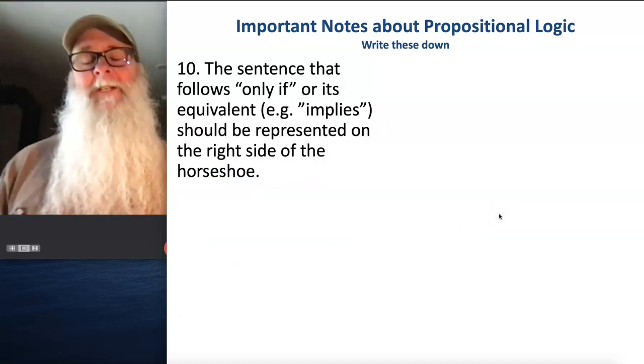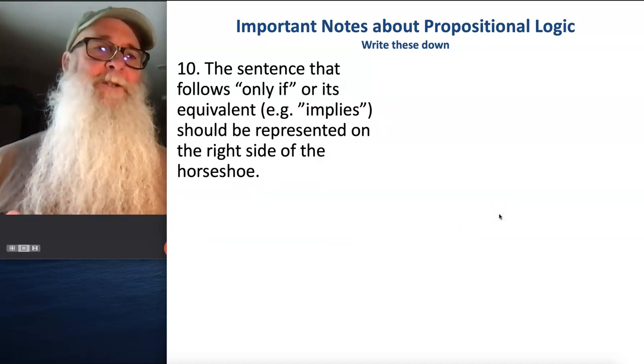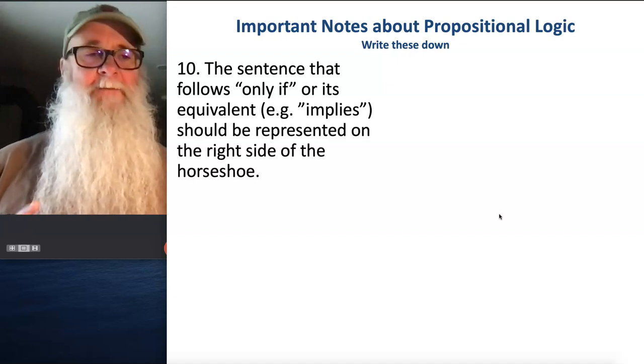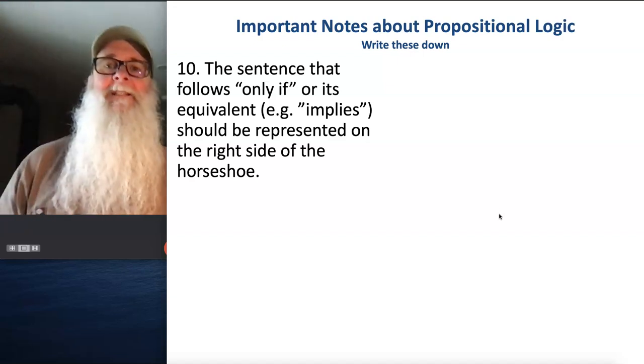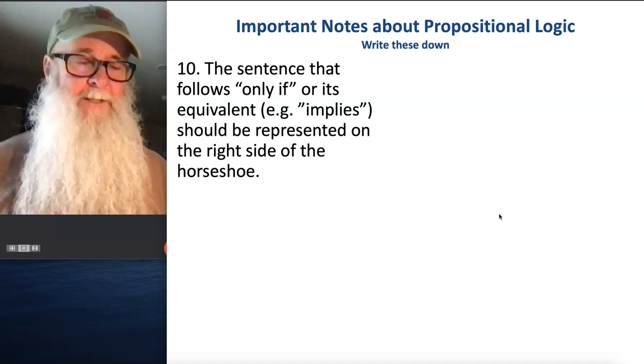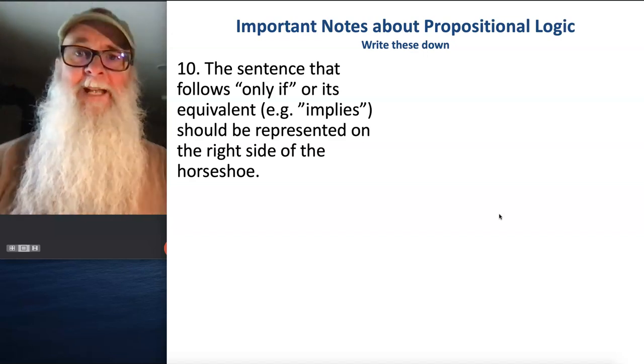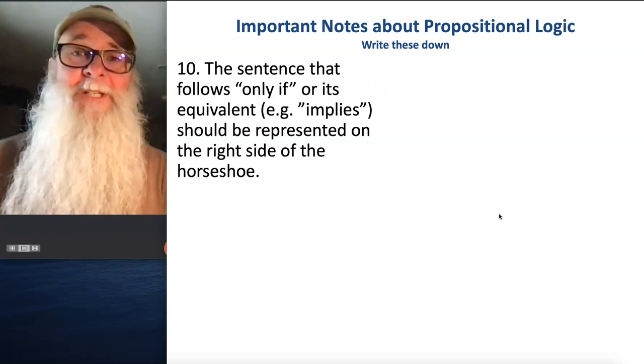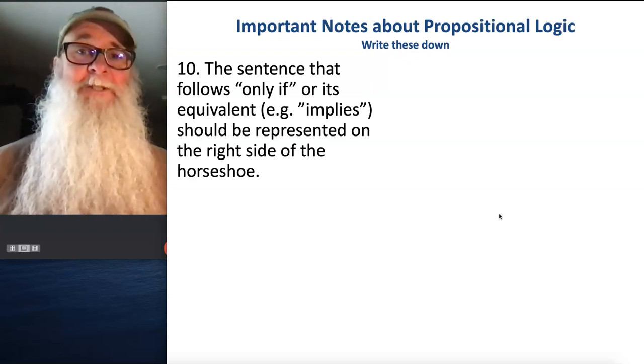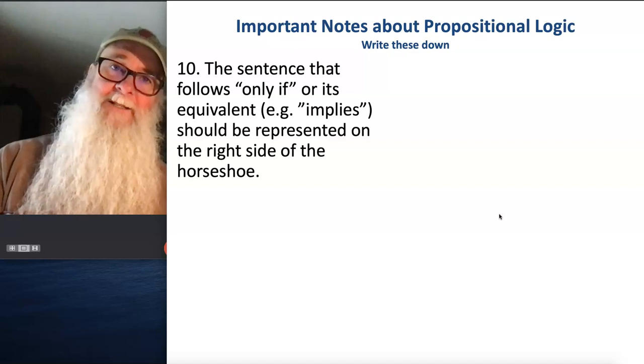But let's just say you're dealing with a statement that doesn't use the word if, or the phrase if then, or its equivalent. Let's say that the sentence you're translating uses the phrase only if. The sentence that follows only if or its equivalent should be represented on the right-hand side of the horseshoe.